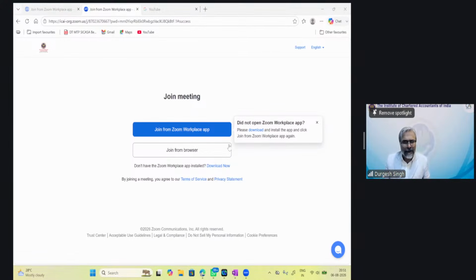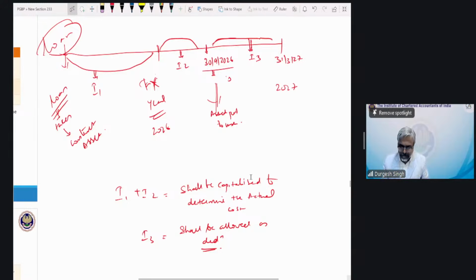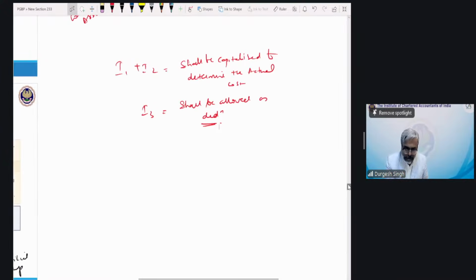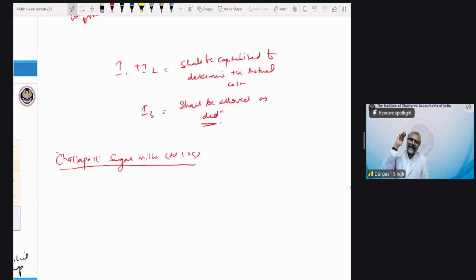Did you all copy that particular diagram? I hope you have already done it. So just below this diagram, can you write one sentence? For I1, please write the principle: the Challapalli Sugar Mills case. This is a landmark judgment, students. Challapalli Sugar Mills Limited, Supreme Court. Now we have got ICDS, one can refer, but these ICDS are all inspired by landmark judgments.